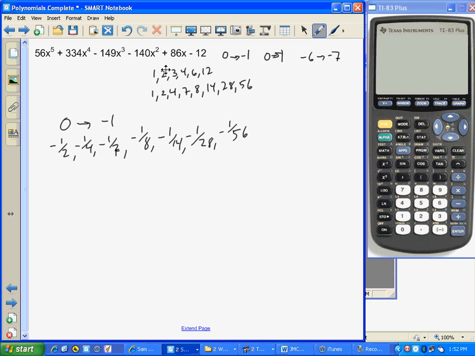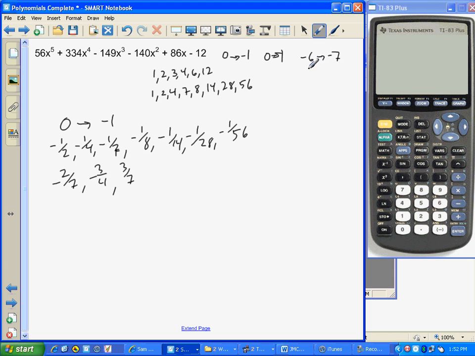I could also have 2/7, 2/8, which would be 1/4, which I already covered, 2/14, which is 1/7, 2/28, we already covered all those. I could do 3/4. I could have 3/7, so that one's going to be pretty hard to find. There's not going to be a whole lot of them up in this range, so maybe we'll start with that, and that could cut down on the numbers that we have in here.